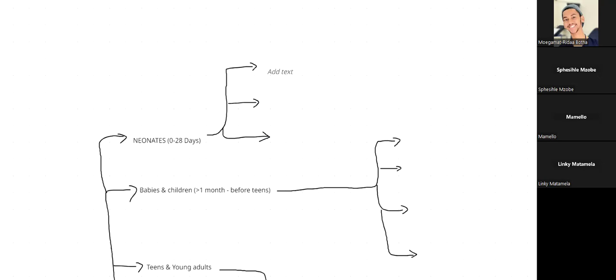The second one we have is Listeria monocytogenes. And the third one under the neonatal population is E. coli.